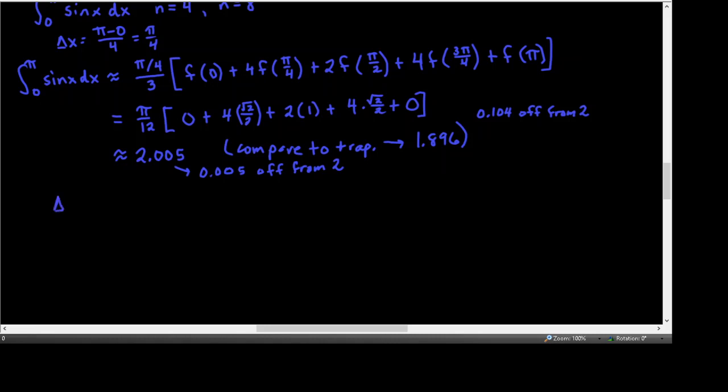Okay, with delta x equal to pi over 8 when n is 8. We already went through that calculation, so I'm just going to go through it fast.